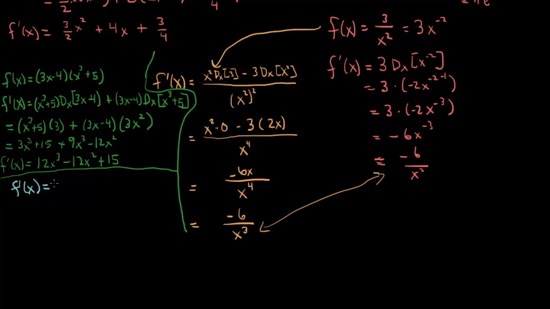X squared times sine x. Okay, x squared sine x. So clearly we have two functions multiplied together here. We have x squared times sine x. We have to use the product rule.